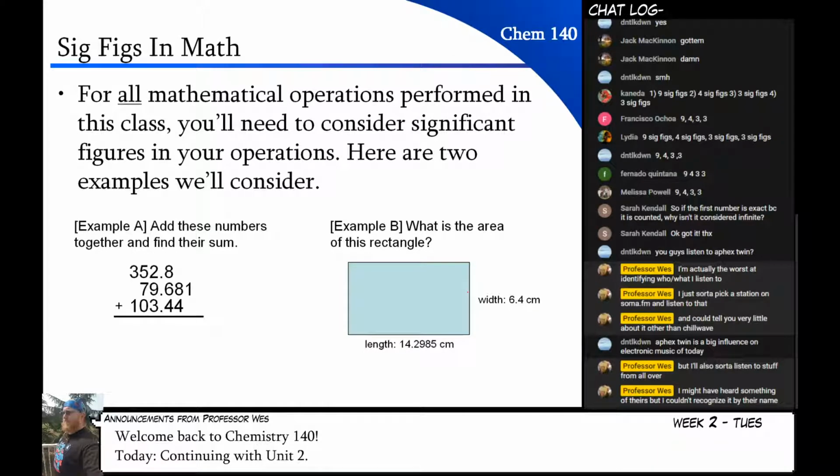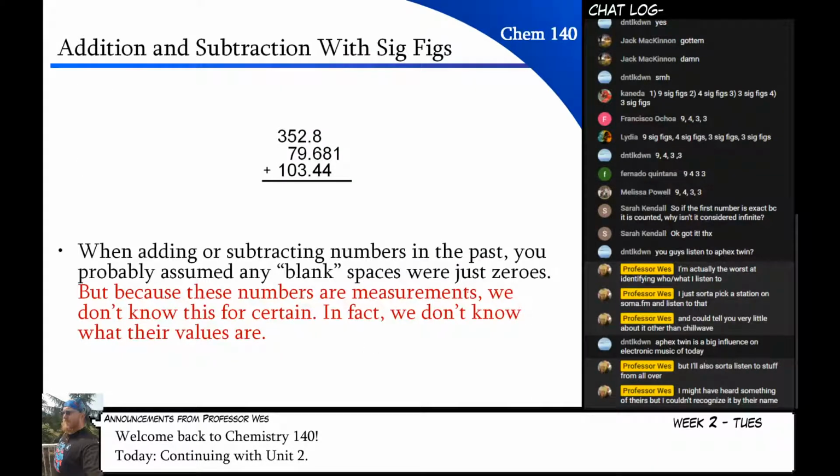We're going to start with example A. I'm going to do addition. If I were to add these numbers together, I would treat these blanks as nothing, and I would just carry the numbers straight down, right? Where's my eraser? Oh, I don't have an eraser on this mode. I have to do it that way.